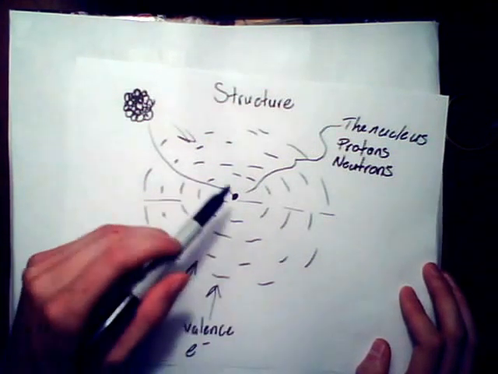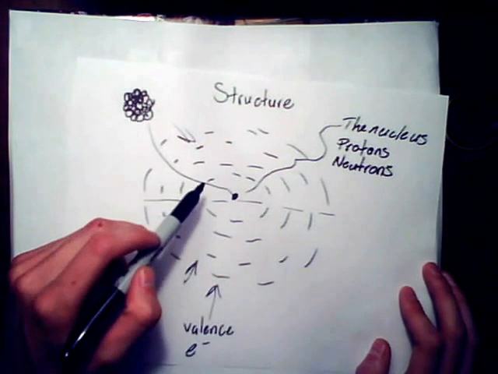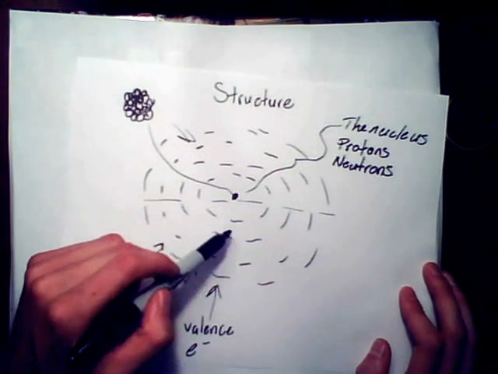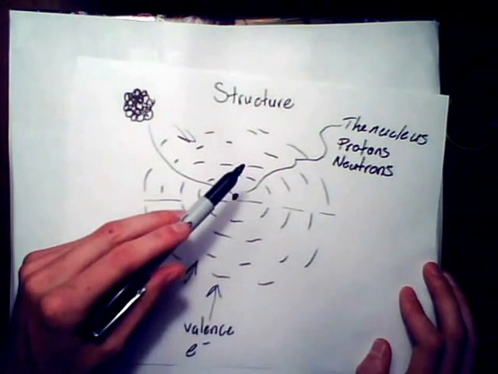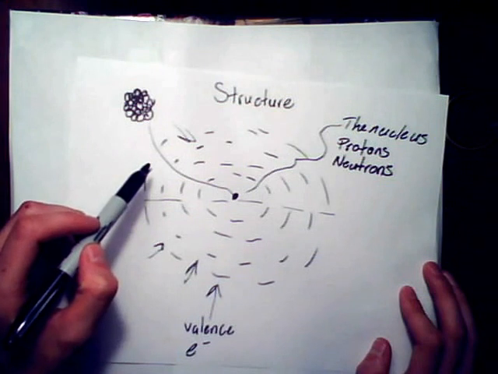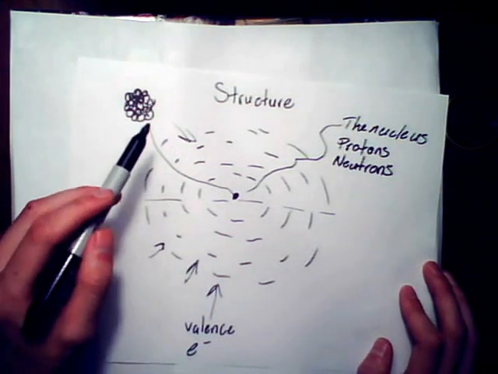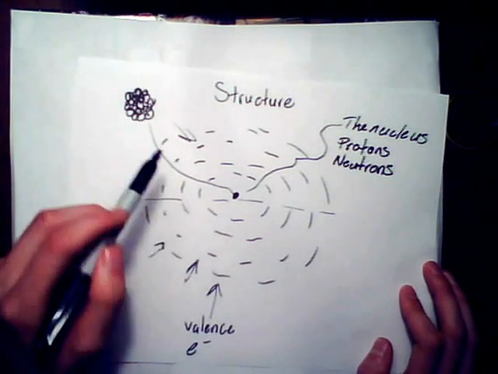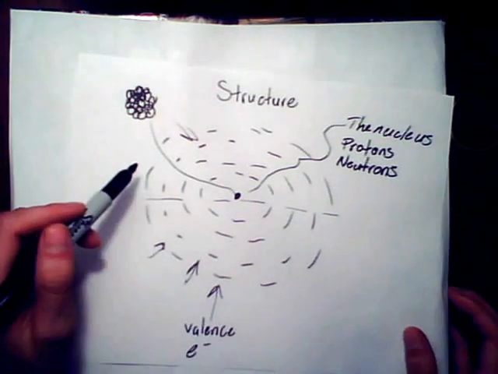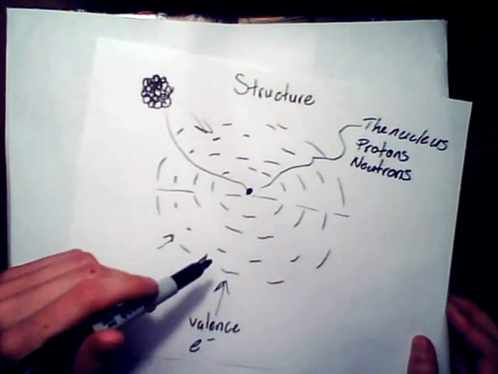So the farther in you are, the stronger the pull is on the actual electrons, and that's why bonding occurs on the outside, because the electrons are easiest to share out on the edge. So let's move on to neutrons and protons and isotopes.